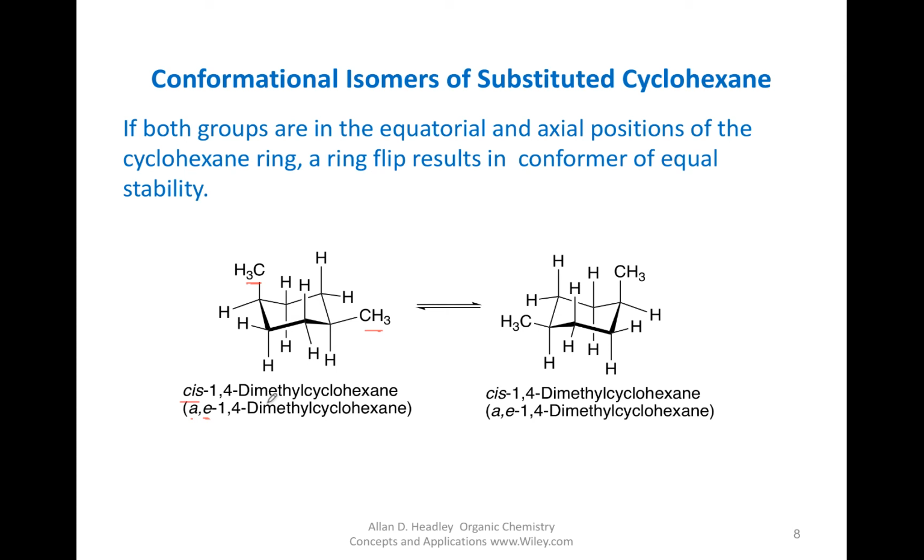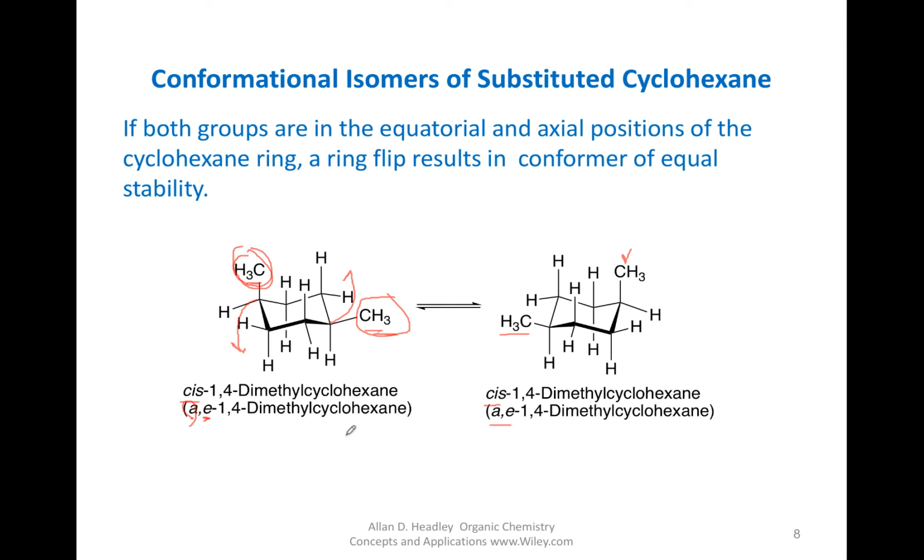Cis conformer, so it's written as cis 1,4-dimethyl cyclohexane. Or we can say axial for this axial, equatorial for this equatorial 1,4-dimethyl cyclohexane. If we do the ring flip, like taking this down and then taking this up, we will get this, where this methyl group becomes the equatorial, and this equatorial becomes the axial, so it's now axial equatorial 1,4-dimethyl cyclohexane, or cis.